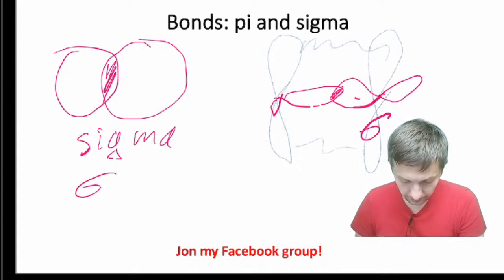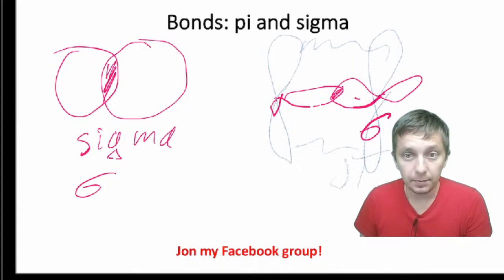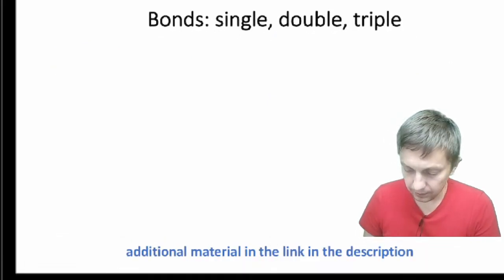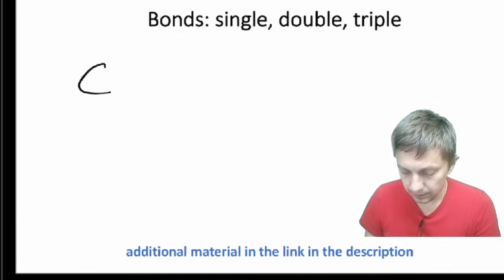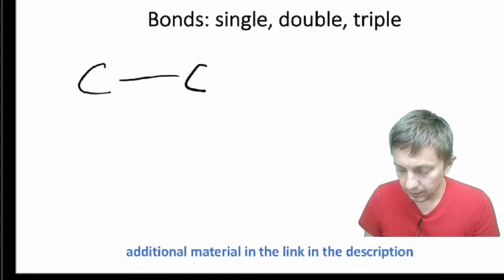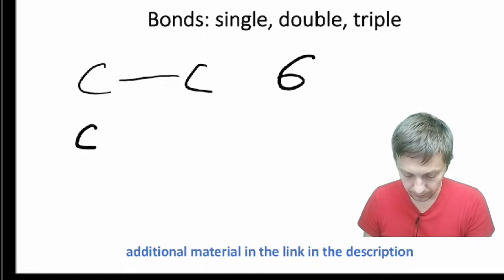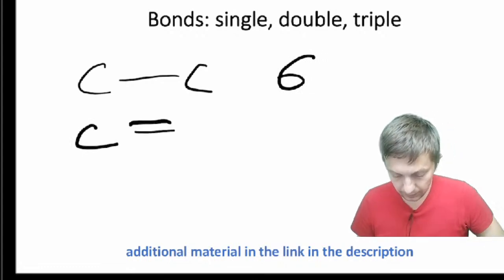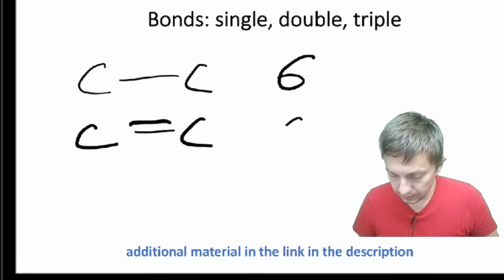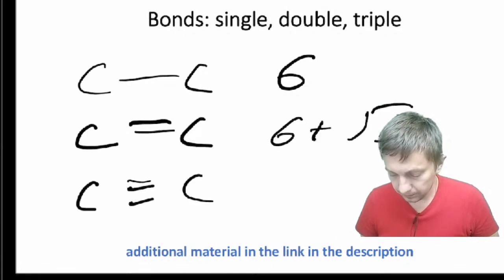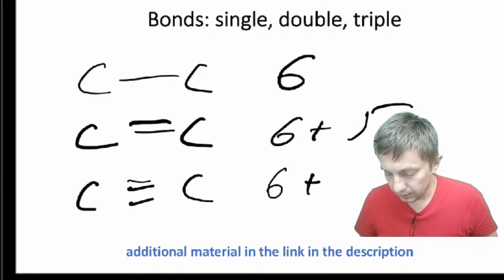And if we're talking about carbon compounds, and not only carbons, single bonds are always sigma. A double bond is sigma plus pi. And a triple bond is sigma and pi and pi.